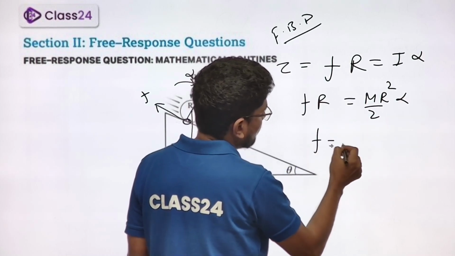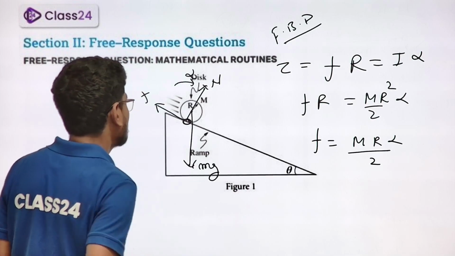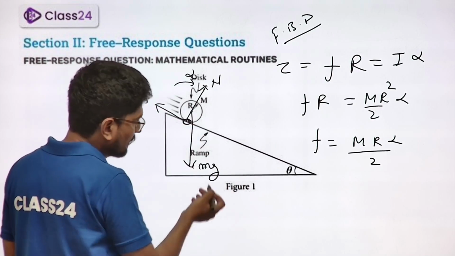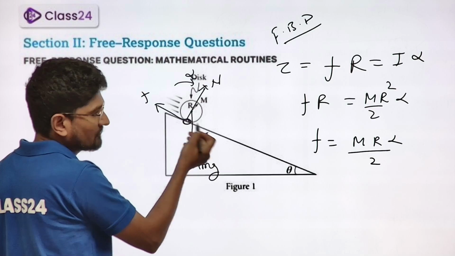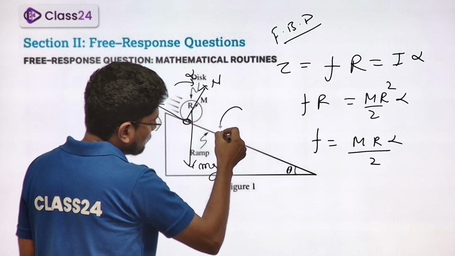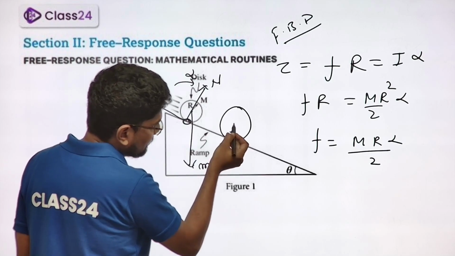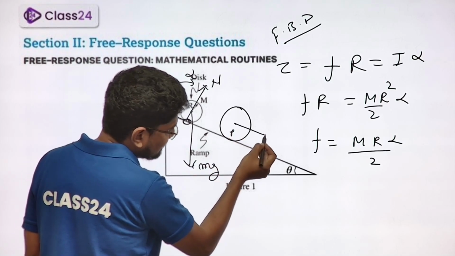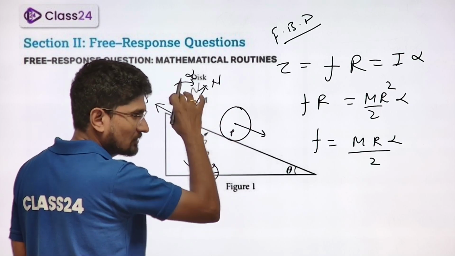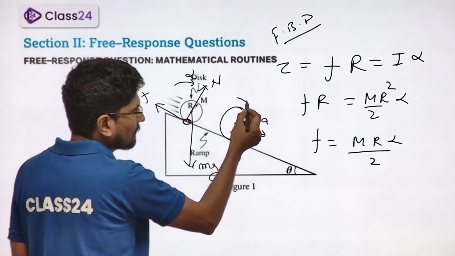So the friction force comes out as m r alpha upon 2. It is mentioned in the question that the disk is rolling without slipping, which means there is no slipping of the lowest point. The lowest point must be at rest with the wedge, because the wedge is also at rest. For the no slipping condition, the acceleration of point P must be 0. There is a translation acceleration A, because the disk is moving along the wedge, and the torque is producing the angular acceleration alpha.